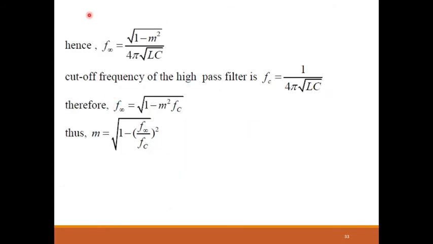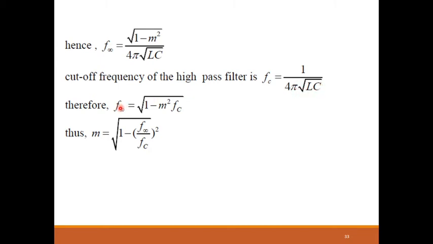Similarly, the infinite frequency f infinite should be equal to the square root of 1 minus M square divided by 4 square root of L and C. The cutoff frequency of the high pass filter, we know fc should be equal to 1 divided by 4 pi square root of LC.